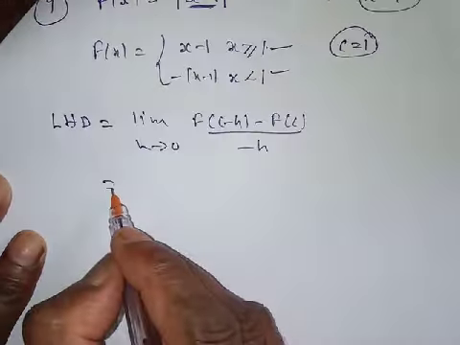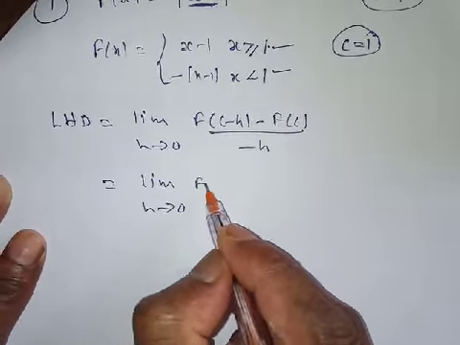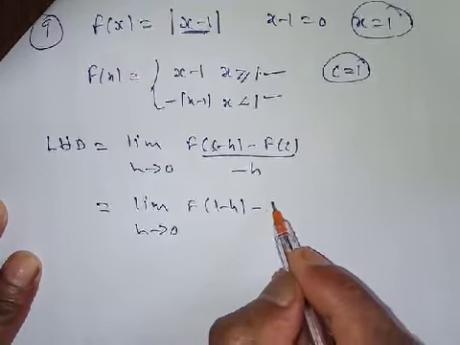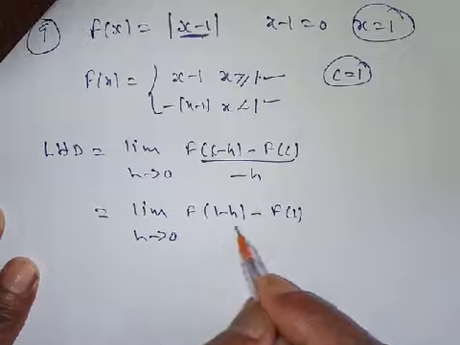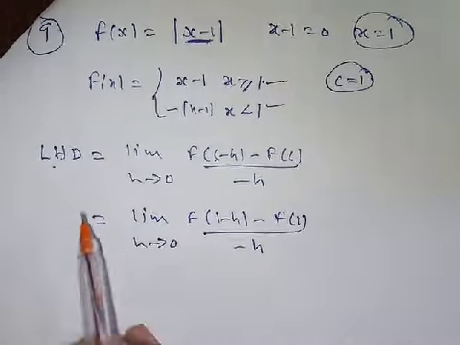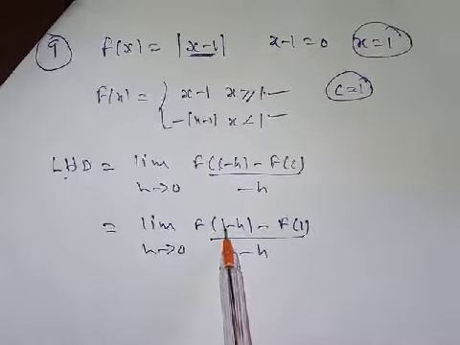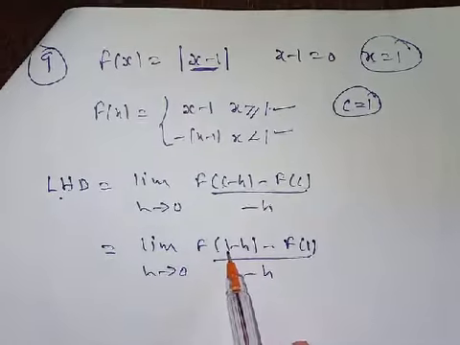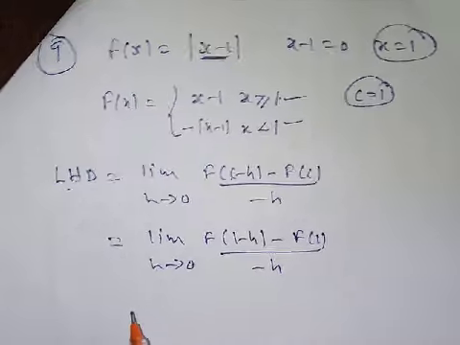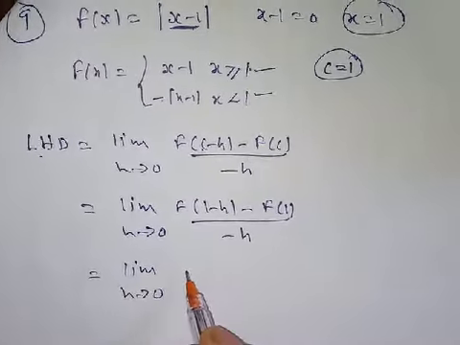So limit h tend to 0, f(1 minus h) minus f(1) upon minus h. Where we are talking about LHD, this will be applicable: in place of h, what do you have to write? Minus h. In place of x, you have to write 1 minus h.